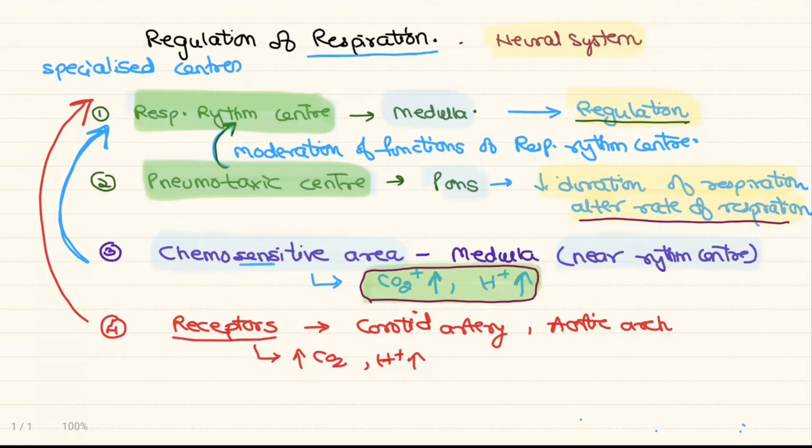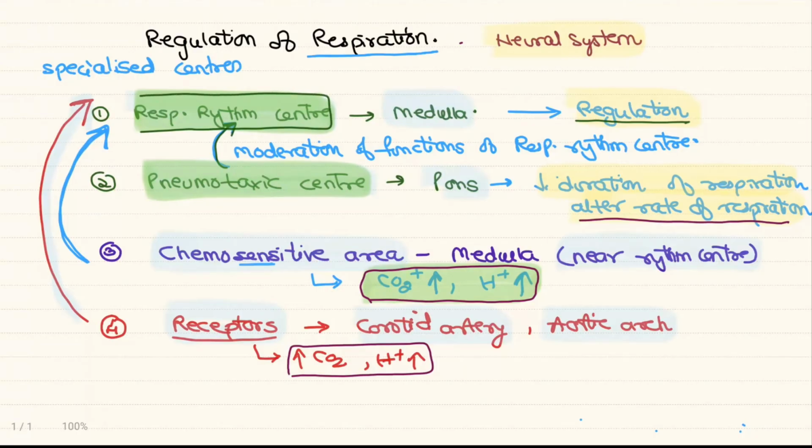The second one is the receptors present on the surface of the blood vessels like the carotid artery and the aortic arch. The receptors are also very sensitive to carbon dioxide and H plus ions. Any increase in these concentrations, again the information is transferred to the respiratory rhythm center. So based upon this information, the rhythm center will make necessary adjustments in the respiration.